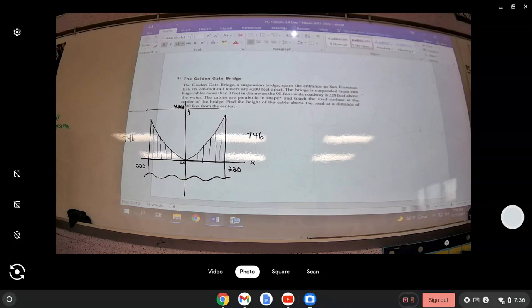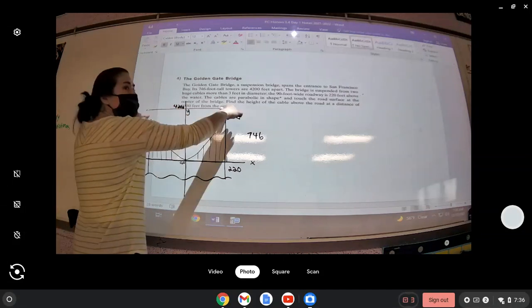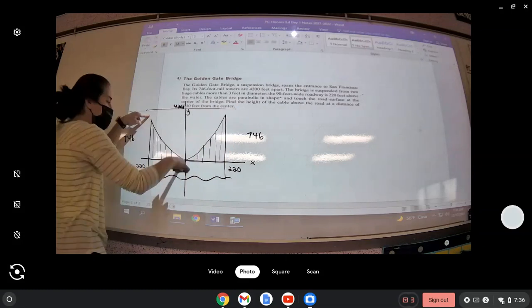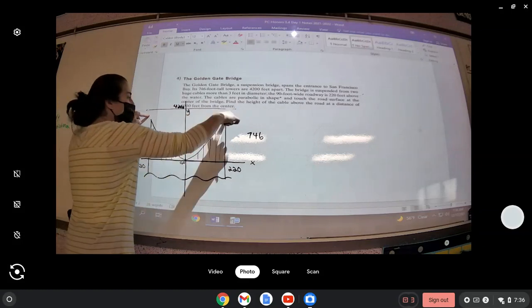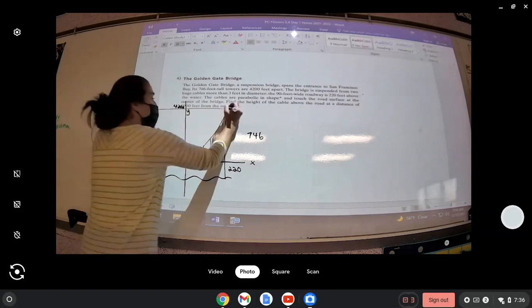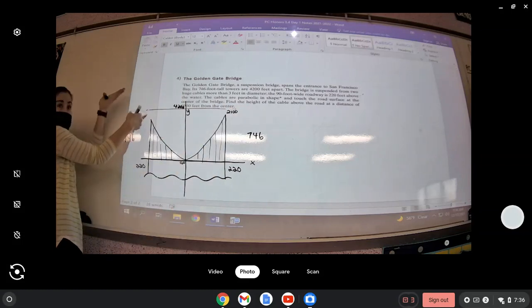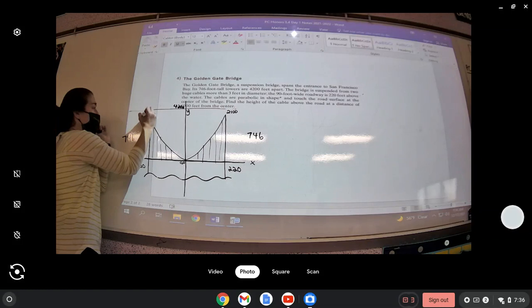So there's some points on this parabola that we know. We know that these two towers are 4,200 feet apart. So guys, if this is the middle, this one would be how many feet to the right? 2,100, half of 4,200, right? And this one would be negative though, right? It's to the left.